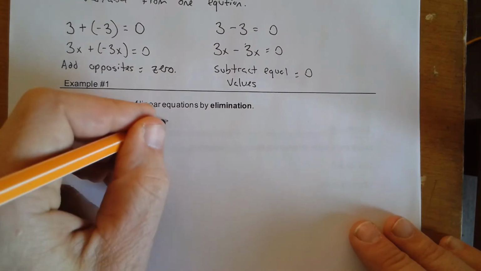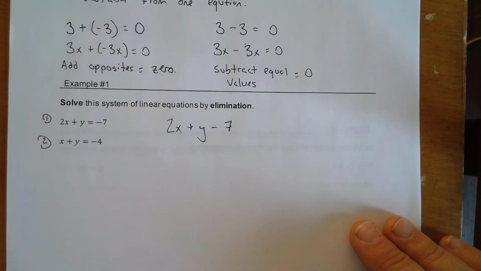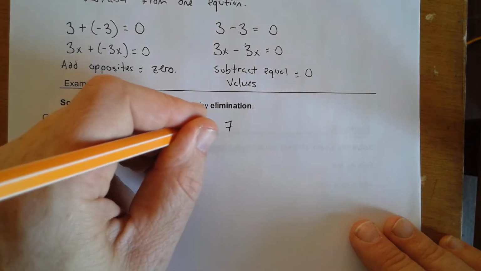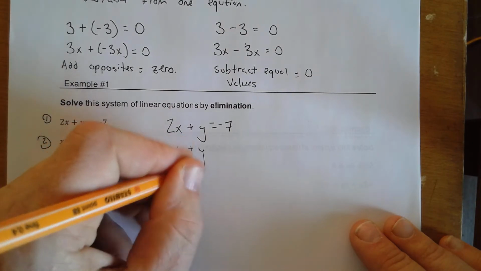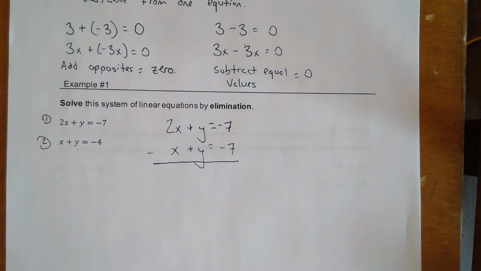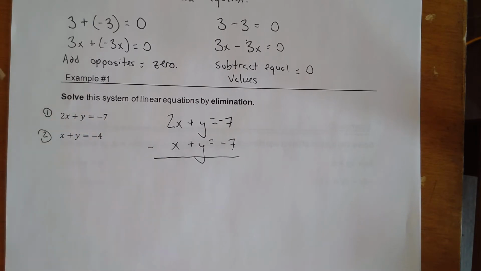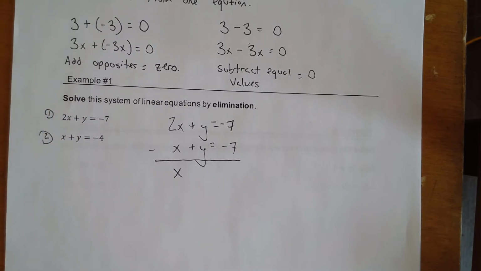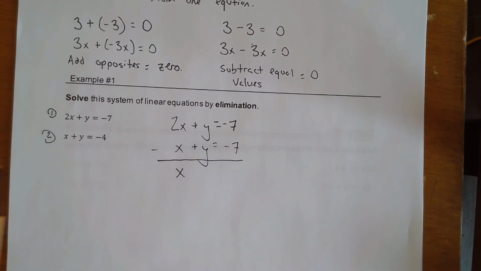So I take 2x plus 1y equals -7, and I subtract x plus y equals -4. So I get 2x, take away 1x, gives me 1x. y, subtract y, is 0, so I've eliminated the variable y, it's gone.